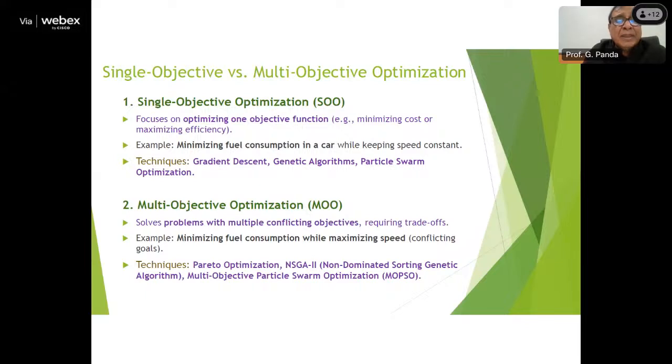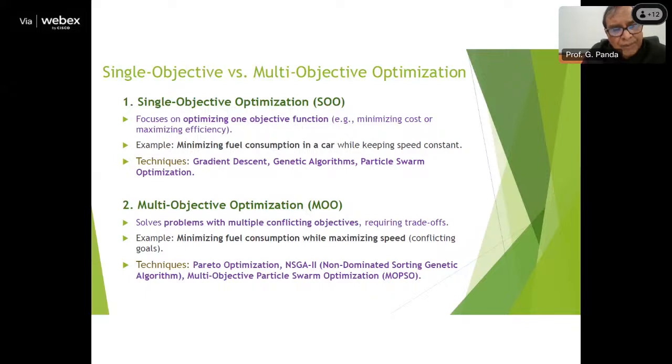Multi-objective, maybe more than one objective: minimize the fuel consumption while maximizing the speed. 2 objectives have to be fulfilled. Remember one very interesting, powerful observation. If you want to fully minimize the fuel, speed will not be made highest. You have to make a compromise between the two.